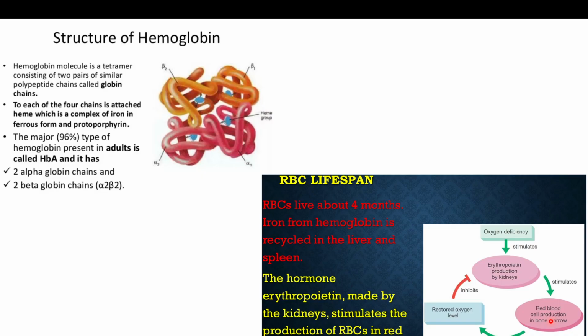Eventually, higher red blood cell production helps restore the oxygen levels, and upon restoring the oxygen levels in the blood, the erythropoietin production is inhibited. Okay, so this loop goes on based on how much oxygen is available to the body, or how much oxygen is present in the blood.